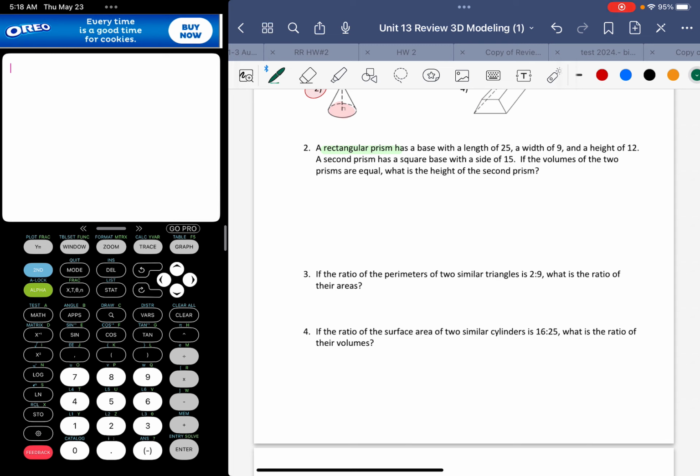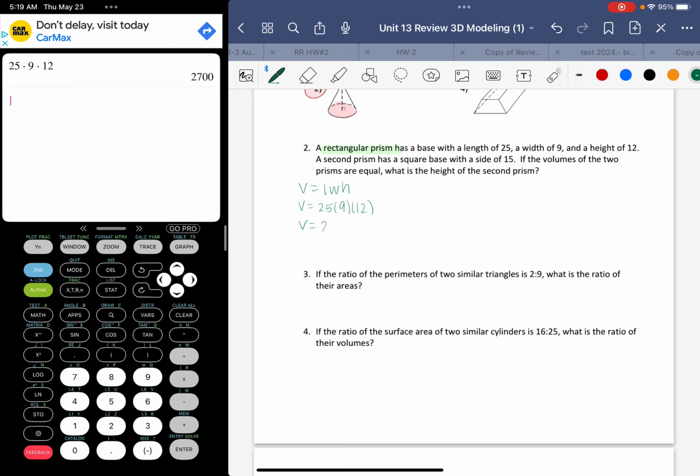Length times width. So this is really just going to be length times width times height. So for this first prism, the volume is going to be 25 times 9 times 12, which gives us 2,700.